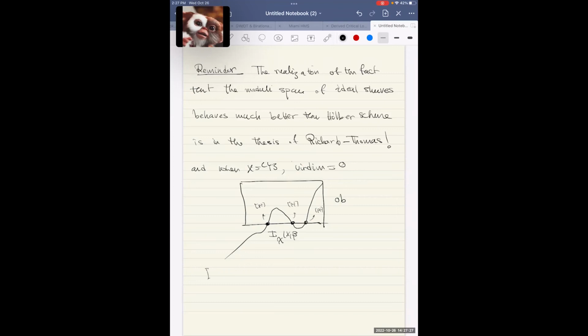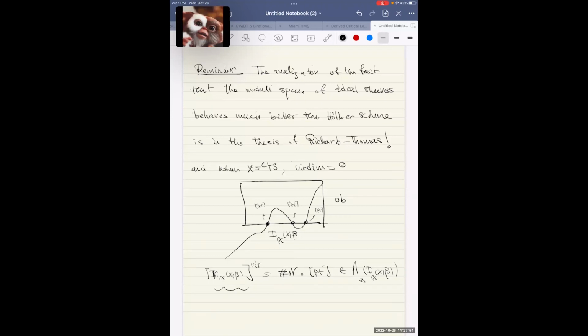The virtual class of this moduli space is going to be some number times the point class. It's a class in the Chow homology of the moduli space. The fact that it's sitting in degree 0 tells you it's nothing but just points.